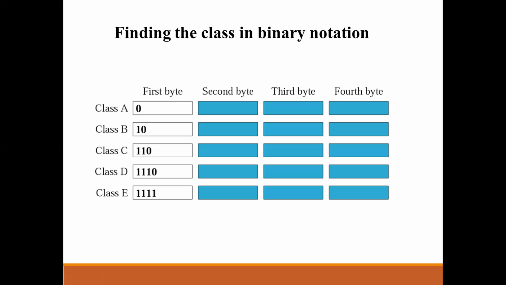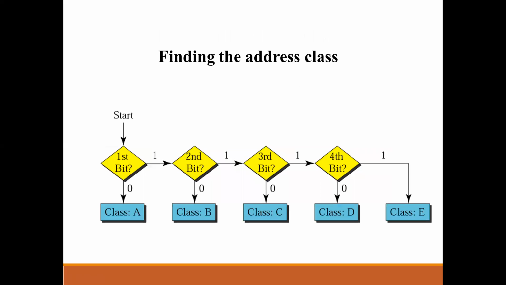So this is about finding the class in binary notation. This is the standard: we have to check the first bits of the first byte, and from that we can find the class of the address.